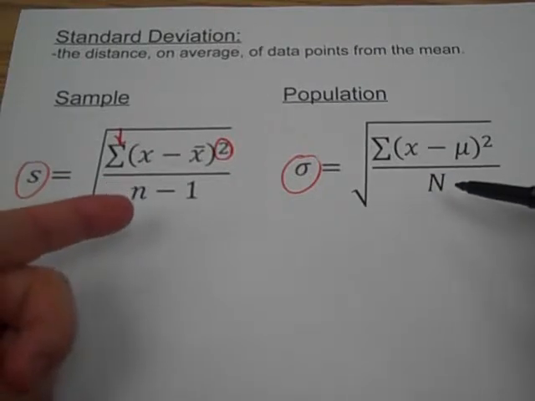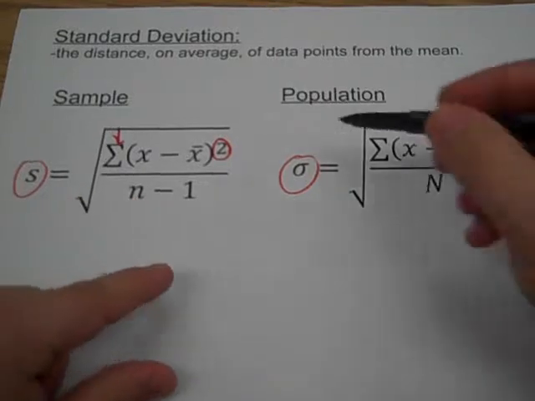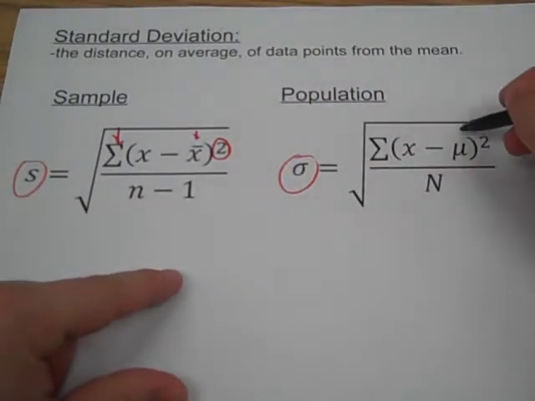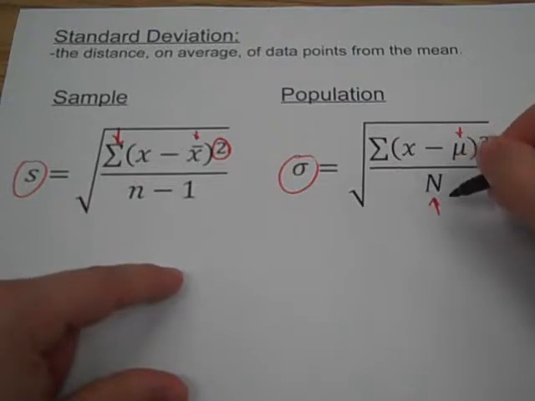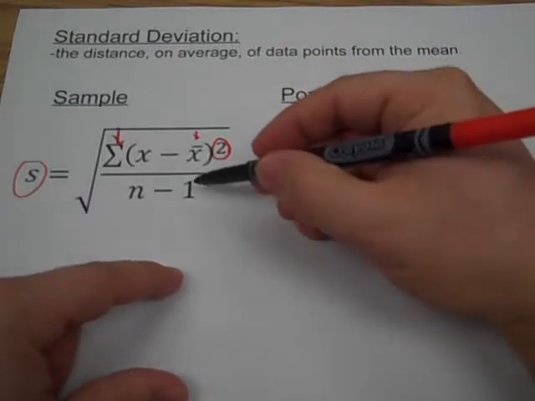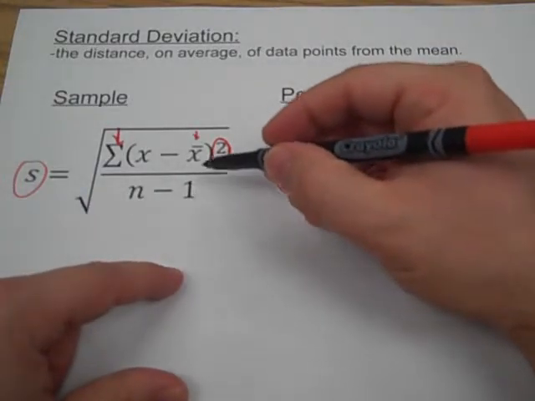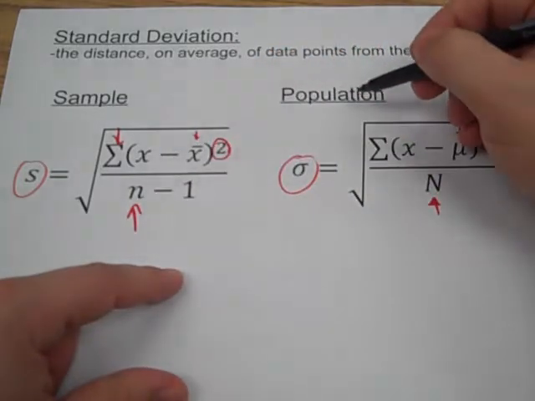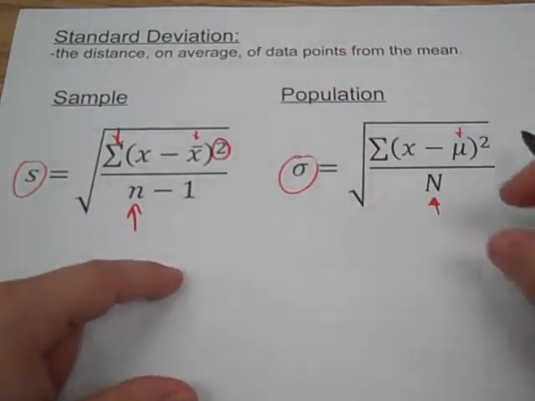The difference between these two equations is that, first of all, I have a sample mean and a population mean. When I calculate for a population, I divide by the number of everybody in the population. When I'm calculating the standard deviation of a sample, little n is the number of people in the sample, and I subtract 1.